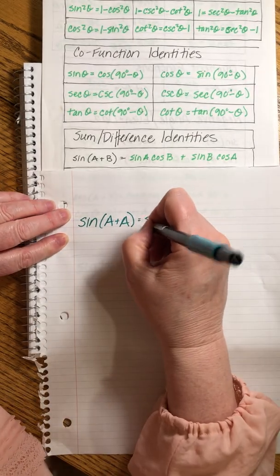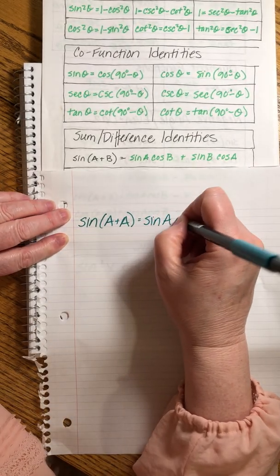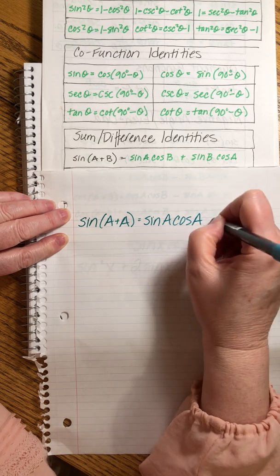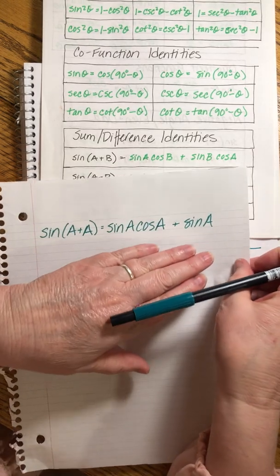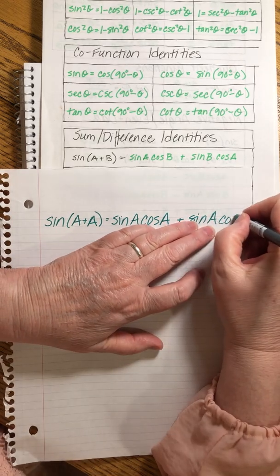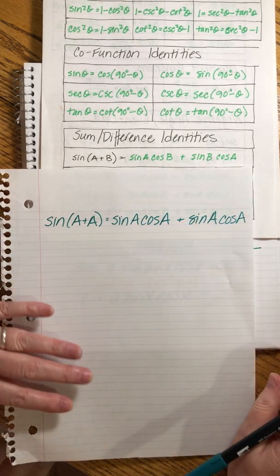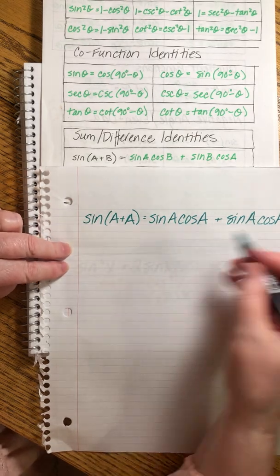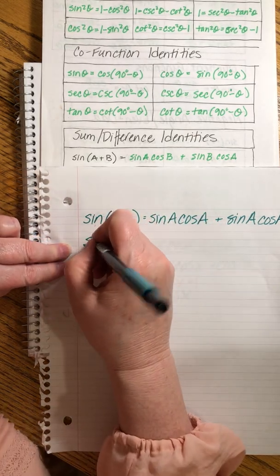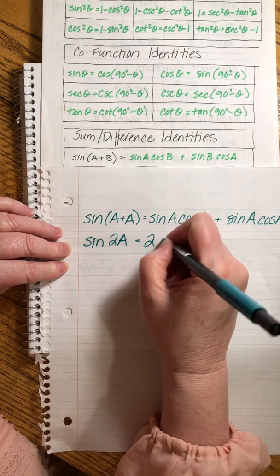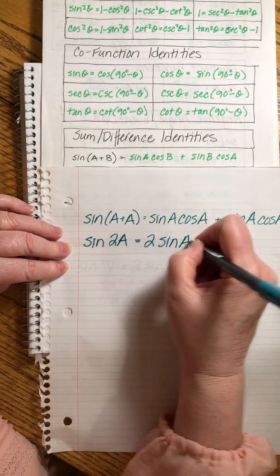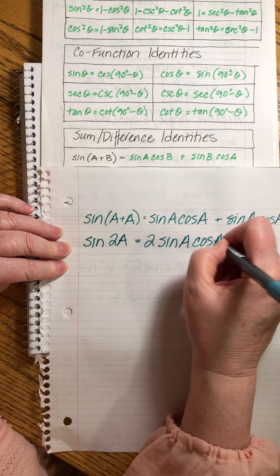And then that gives me sine A cosine A plus sine A cosine A, because the B's disappear. And these are exactly the same. So we can write that the sine of 2A equals 2 times the sine of A cosine of A.